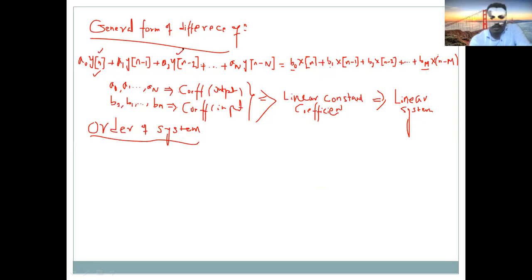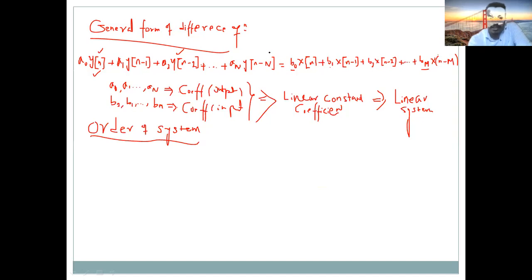How about here? Output delayed by 2, past value of output before 2 seconds, up to what? It goes up to n. The output depends on up to n past values. It can be 10 samples before, or it can depend on 8 samples before. That is the order of the system.